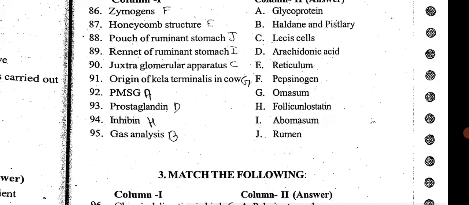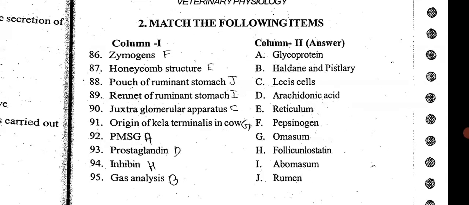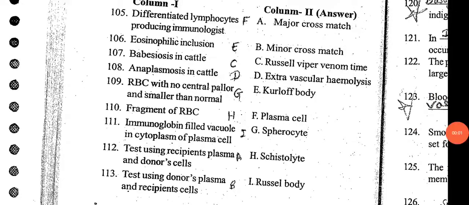So till now we have stated that zymogens are secreted, pepsinogen, and a honeycomb-like structure is in the reticulum. Differentiated lymphocytes produce immunoglobulins. Plasma cells are differentiated lymphocytes, or their precursor is the plasma cell.